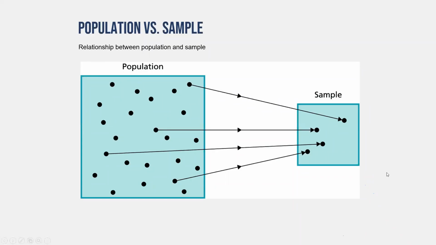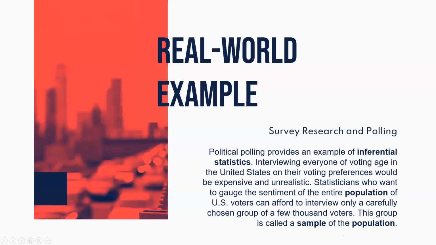Let me give you a real world example of this. This is done in survey research and polling, right? I'll talk about this a lot in this class because it's the most visible application that you can see in the news. Political polling provides an example of inferential statistics.